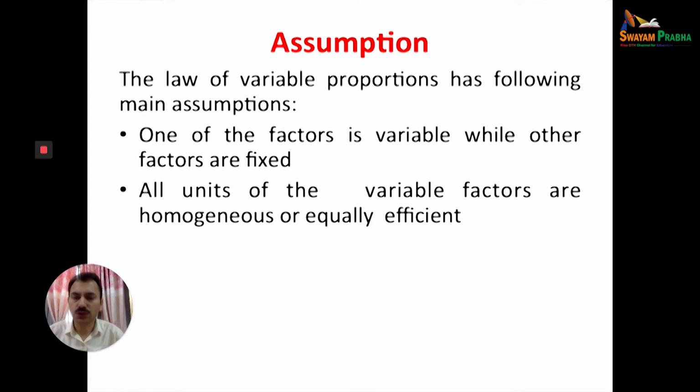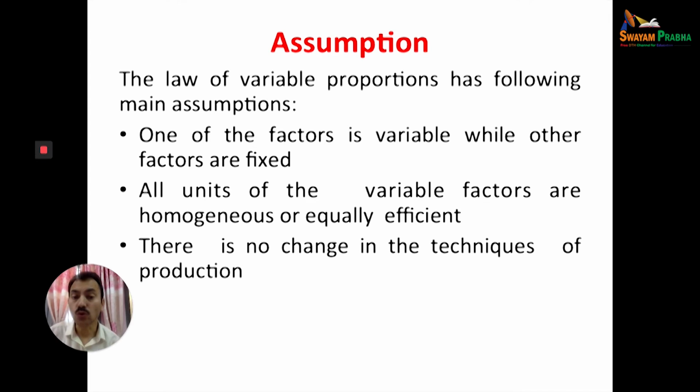We have to assume that the variable factor, say labor, is homogeneous in nature, equally efficient, of equal quality, with equal capacity to produce the commodity. Although this is a limitation of the law, as all labor cannot be homogeneous, we have to assume it.